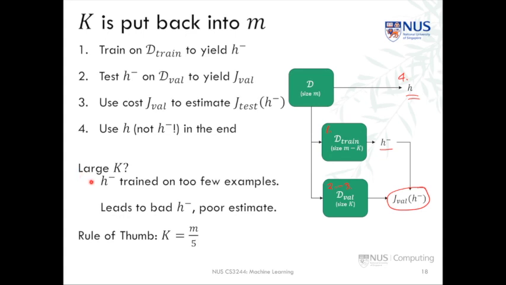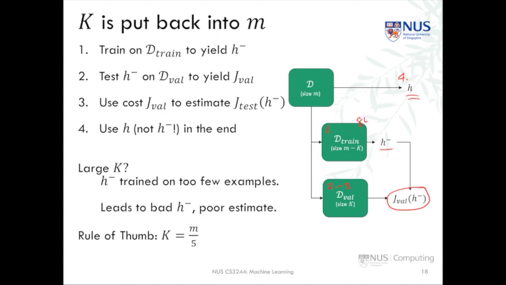So we want to use a large K where possible. If we don't use a large K, our H minus will be trained on too few examples, and it will lead us to a poor estimate of the actual hypothesis. A good rule of thumb that we'll look towards is using a K that's about 20% of our full data.